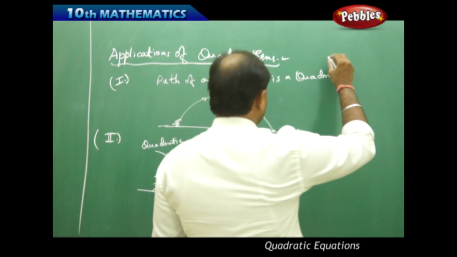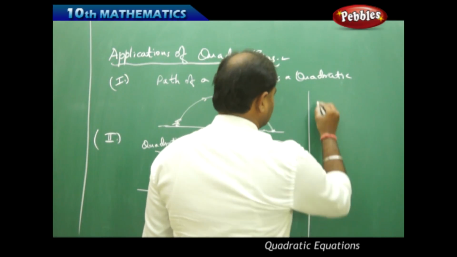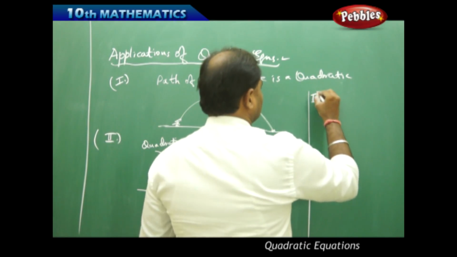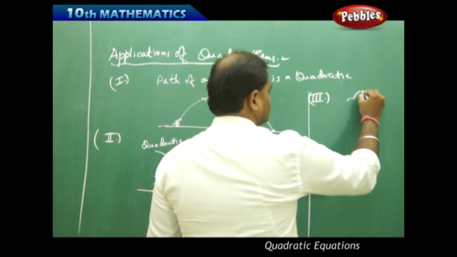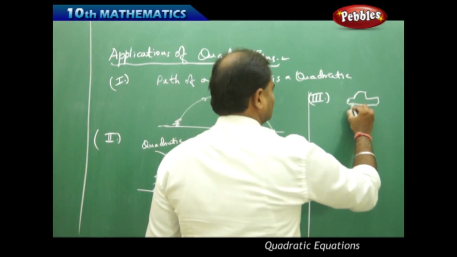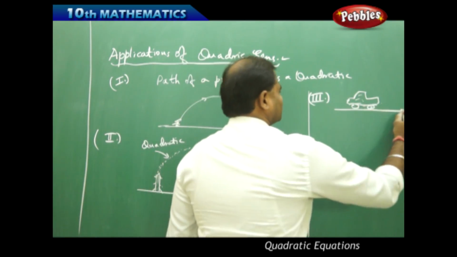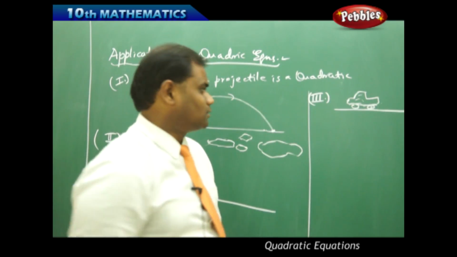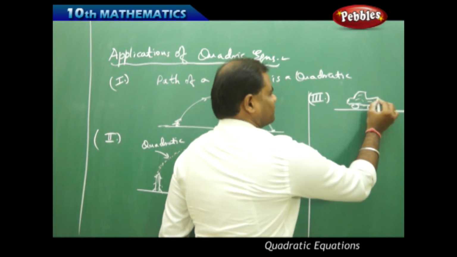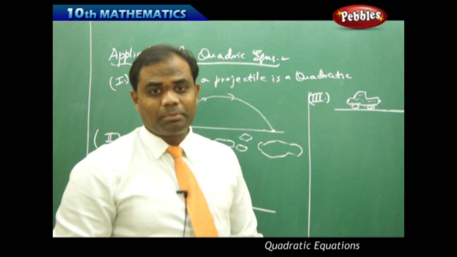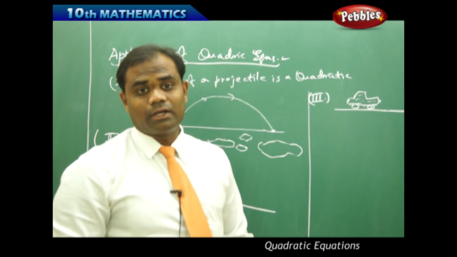Also, there are many other applications. Say, for example, I take a vehicle. When it is going very fast on the ground and I apply a sudden brake, the stopping distance is also a quadratic.